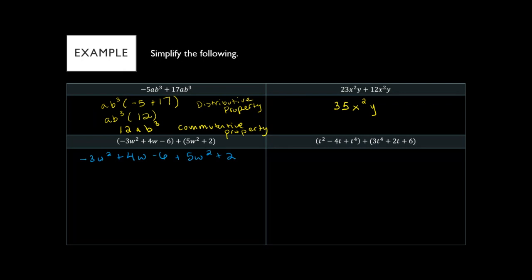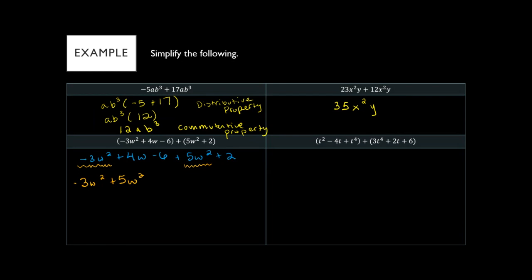Color coding could be helpful. So we have a negative 3w squared, and that matches with a 5w squared. Those are like terms. Sometimes it's helpful to rearrange this and put those next to each other, and that is the associative property and the commutative property that allows you to rearrange things and group things together that match.